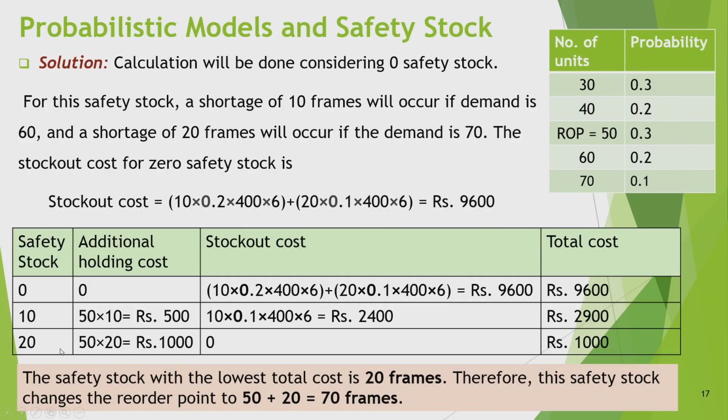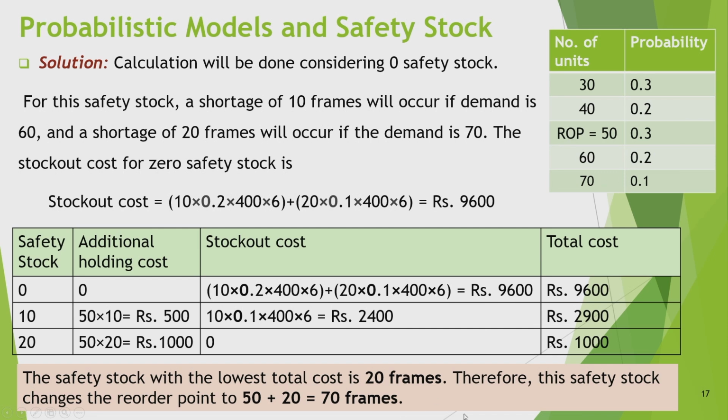And if I take safety stock as 20, then I am totally safe. The only thing is that I have to pay additional holding cost. Safety stock is 20, reorder point is anyway 50, so 50 plus 20 will be 70, and maximum demand can be 70, because the probability table shows that.